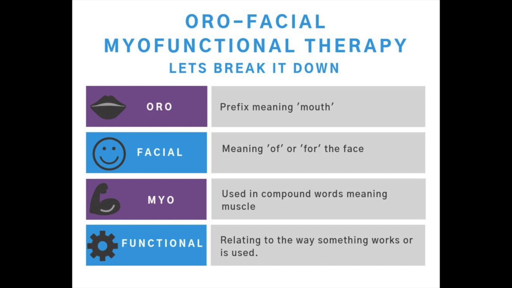So let's break it down. Oral means mouth, facial meaning the face, myo meaning muscle, and functional relating to how it works and functions. So how your tongue functions, how the muscles of your face function. So that's why orofacial myofunctional therapy.